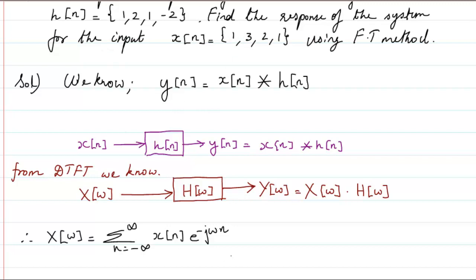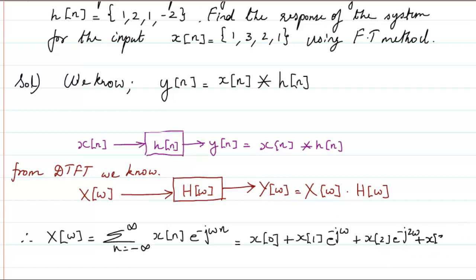So I will write this as x of 0 e raised to power 0, which is 1, plus x of 1 e raised to power minus j omega, plus x of 2 e raised to power minus j 2 omega, plus x of 3 e raised to power minus j 3 omega.